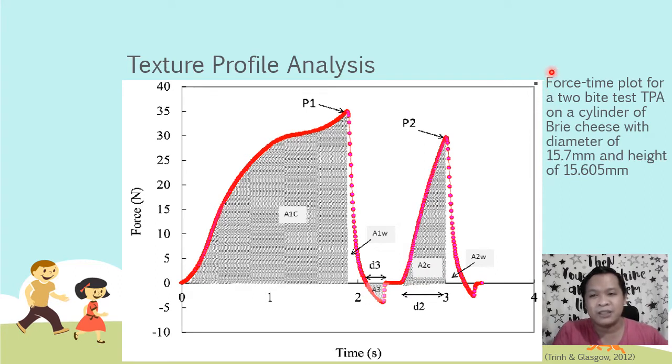Again, this one is a force time plot for a 2-bite test on a cylinder of brie cheese with a specific diameter of 15.7 millimeters and a height of 15.6 millimeters. So, very small to, no? Less than 1 cubic inch. Very small sample of cheese.